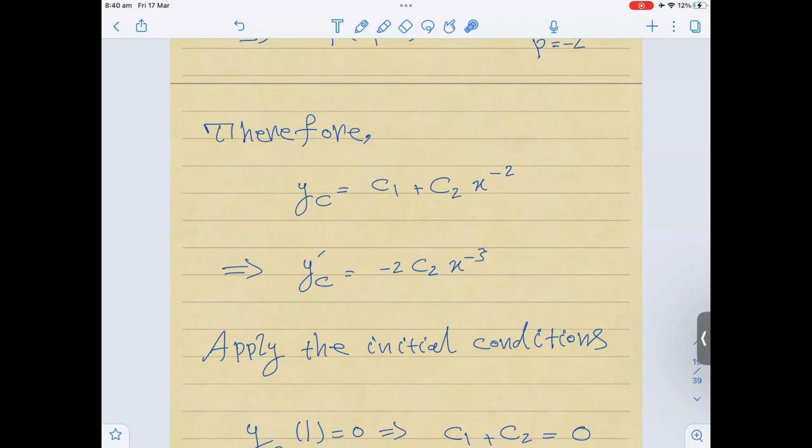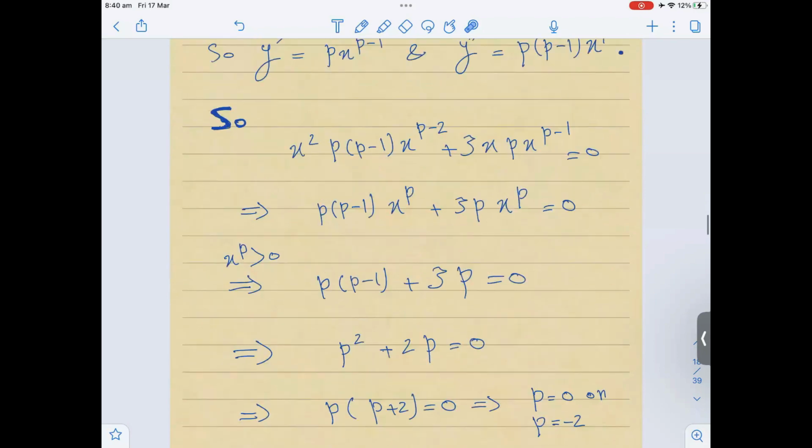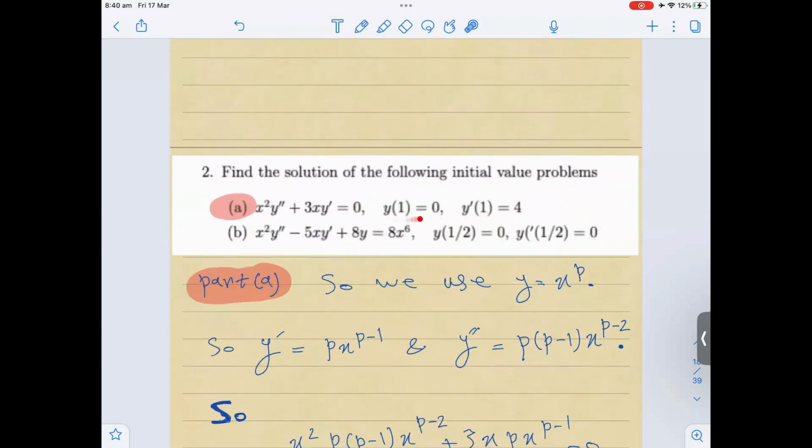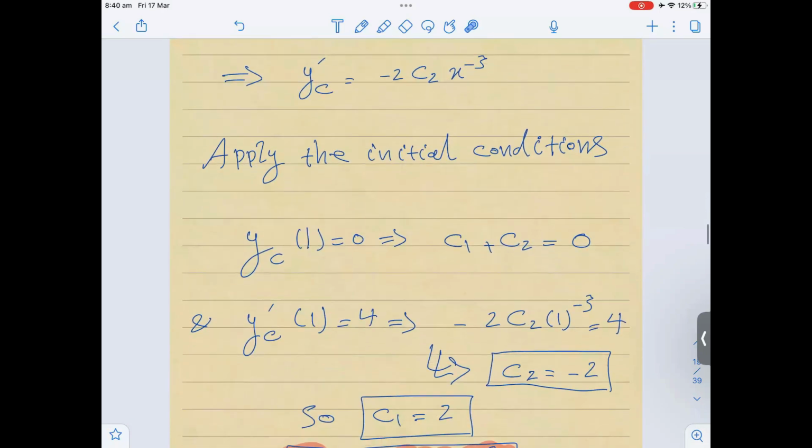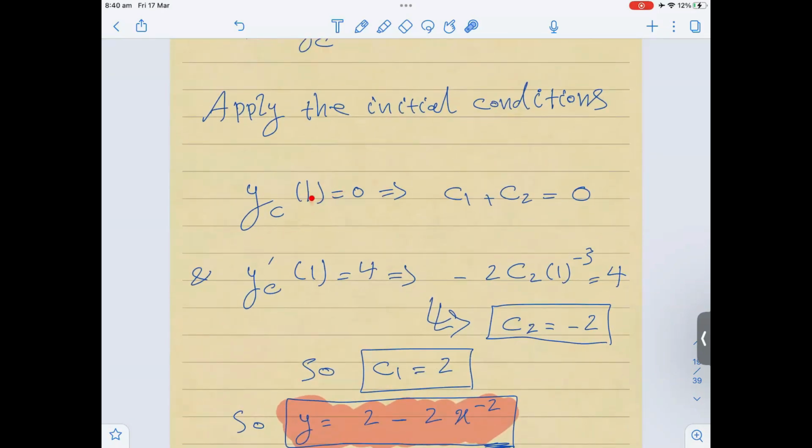Now, I need to get y prime c of this because it's an initial value problem. So initial value means y of 1, y prime of 1. If these were different, we would have a BVP, boundary value problem. I apply initial conditions, yc of 1, so I will get c1 plus c2 equals 0.